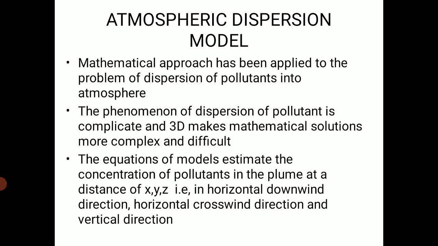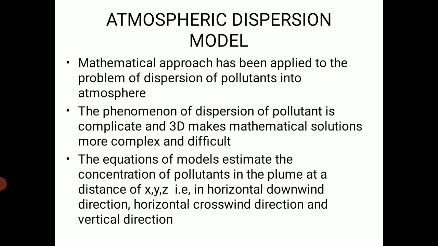okay, or it will give information about the pollutant emissions and the nature of the atmosphere. So in many atmospheric dispersion models, mathematical models are applied, and the use of three-dimensional equations will often make the solutions complex and difficult.